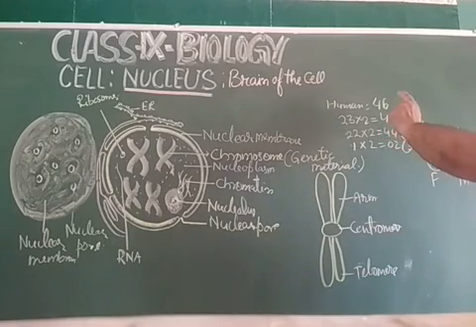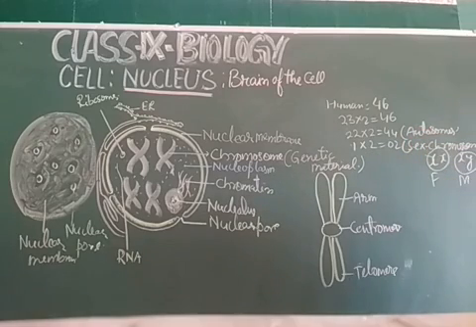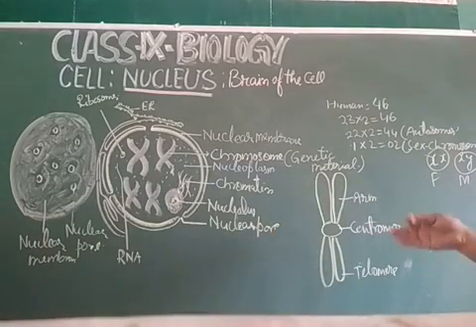Out of 46, 44 are the autosomes that are responsible for the growth of the body, and one pair are called sex chromosomes, which are responsible for sexual reproduction in male and female.